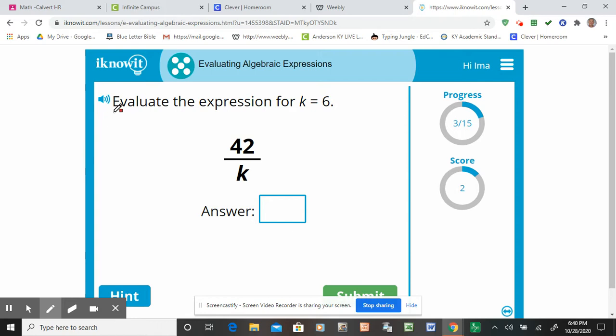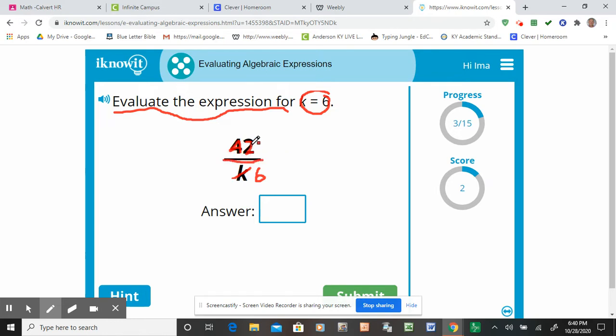Okay, today it says this. Evaluate the expression for k equals 6. That means when it says k equals 6, then you could just replace the k with 6 because that's what k is. So, do you remember what we did before? 42, right there. That bar means what?